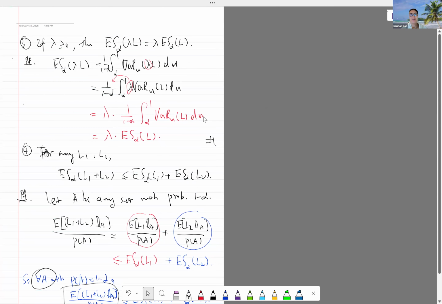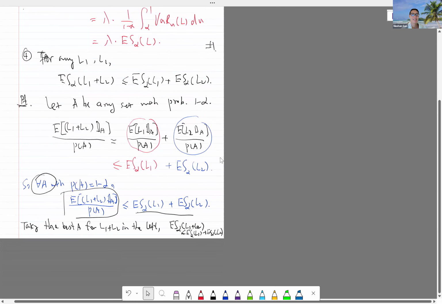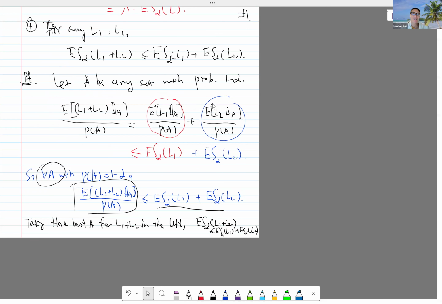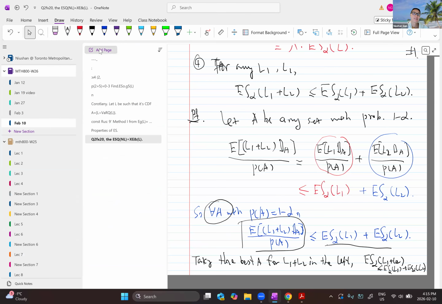You have to sit there, be quiet, forget about the rest of the world. Think about them, then you will be fine. So I have proved for expected shortfall, luckily, that subadditivity holds. Okay. So now we can introduce some properties.